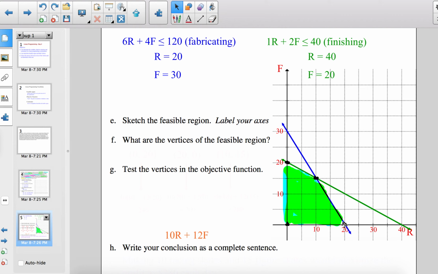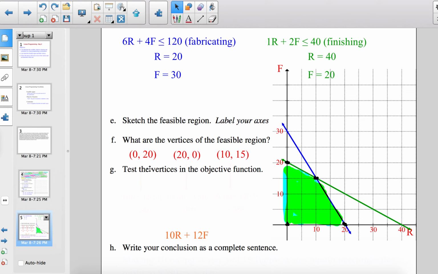I can see pretty obviously where my three vertices are. One is at 20, 0, the next one's at 10, 15, the next one's at 0, 20, and the 0, 0 one, I'm not even going to bother writing down because I remember the question was a maximize problem. 0, 0 is never going to maximize anything. So, like I said, these were my three vertices.